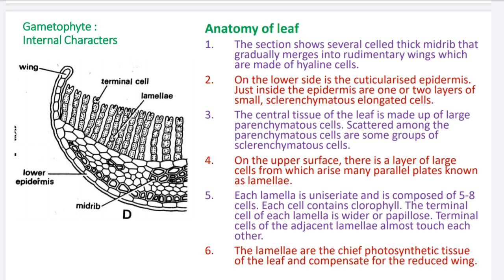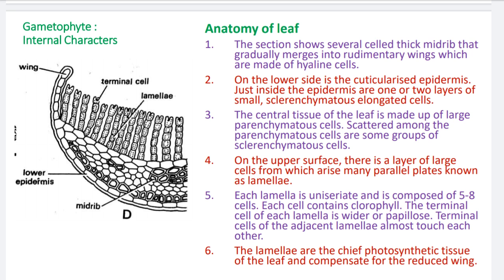Number 2: on the lower side of the cuticularized epidermis, just inside the epidermis, one or two layers of small sclerenchymatous elongated cells or patches are there.